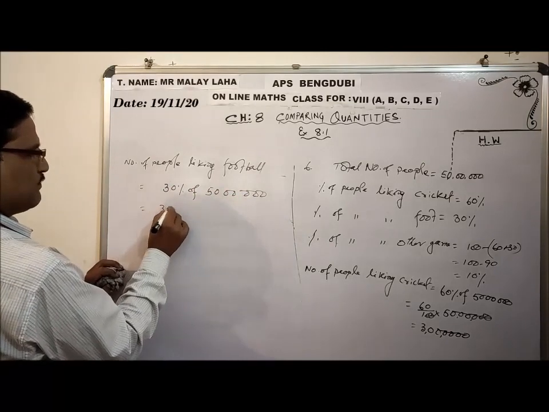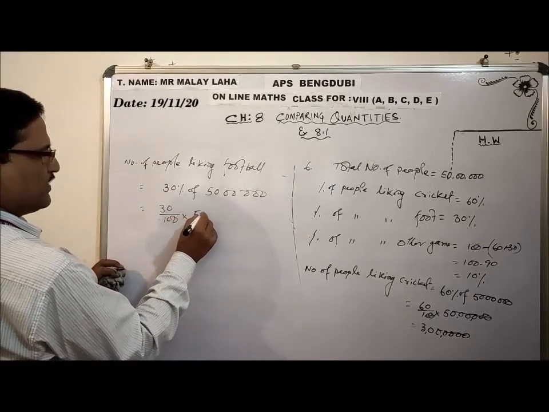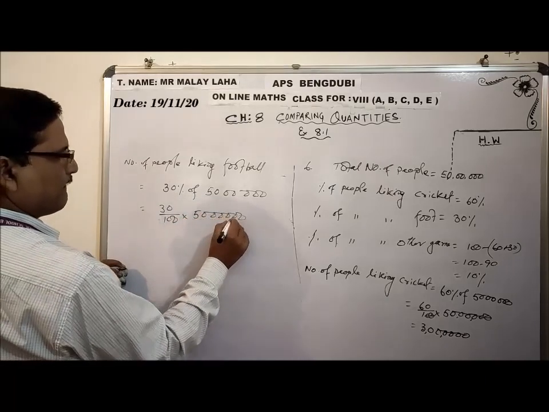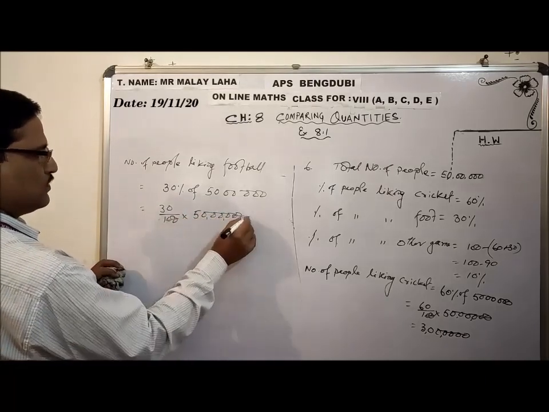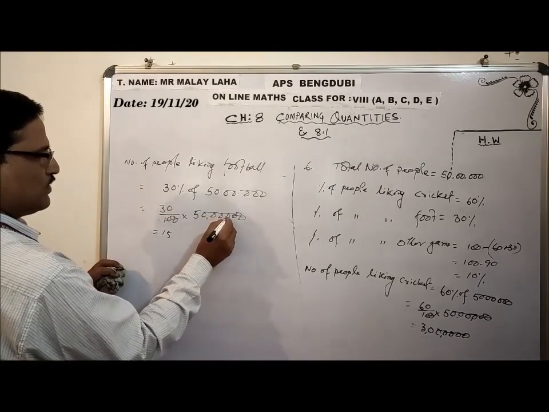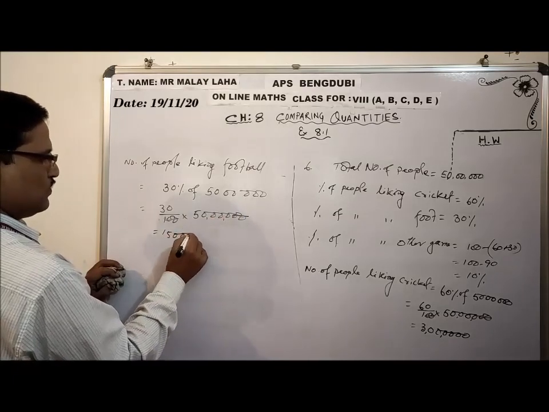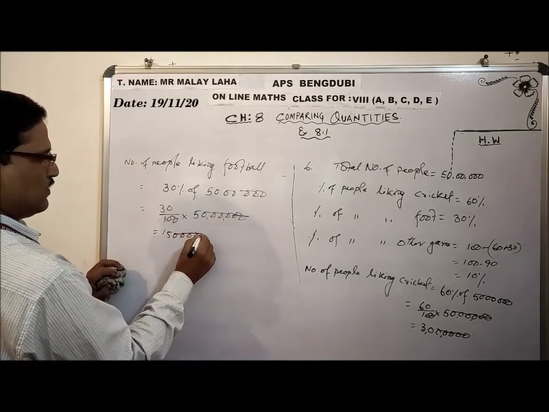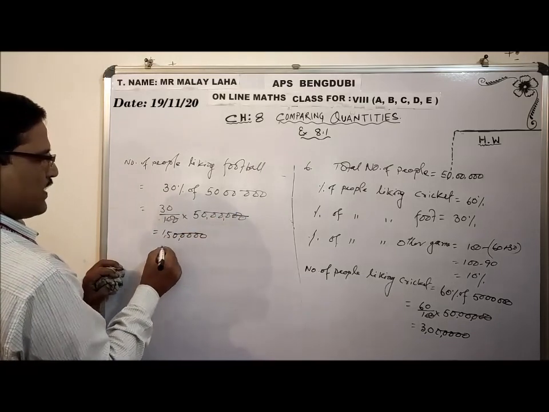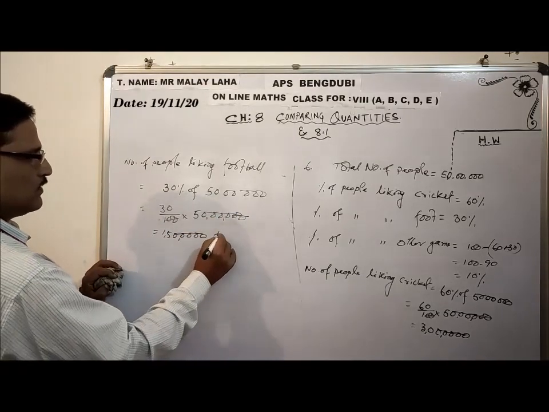So 30 upon 100 into 50 lakh. The zeros cancel, 15, and then the zeros 1, 2, 3, 4, 5. That means 15 lakh people like football.